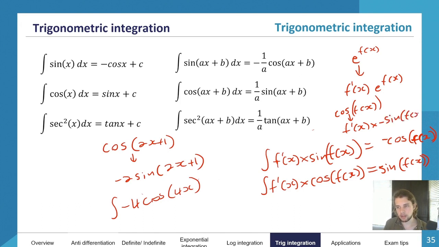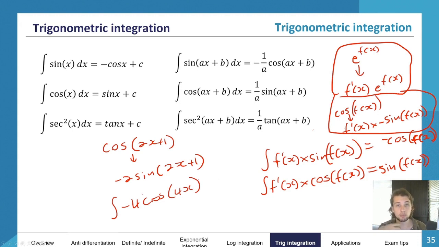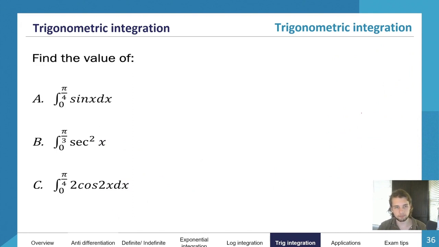So it's very similar to this process here. These two processes are very similar. The only difference is cos becomes minus sine and sine becomes cos. But we do move this body that we have inside cos out the front after differentiating it.